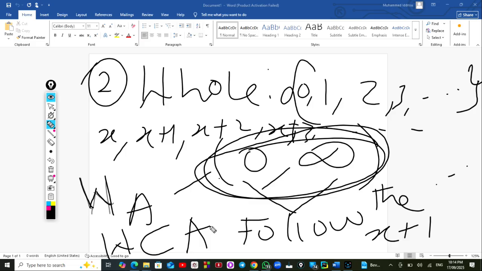So this set contains W, the set of whole numbers. I hope this is clear.